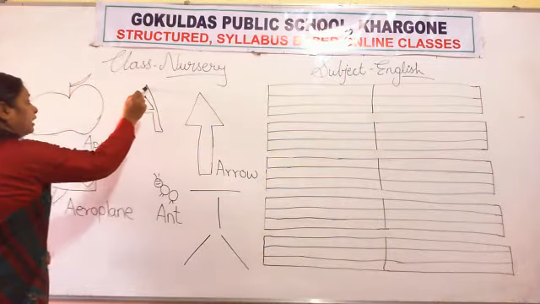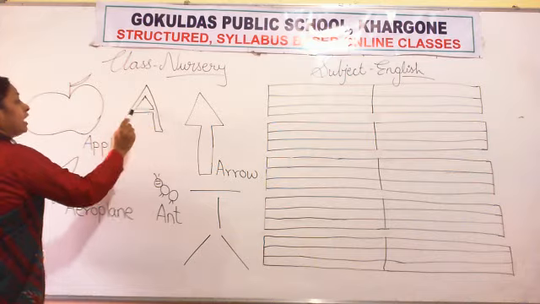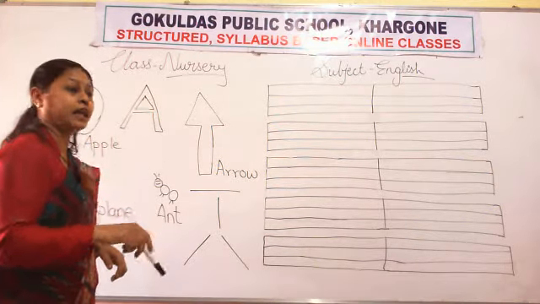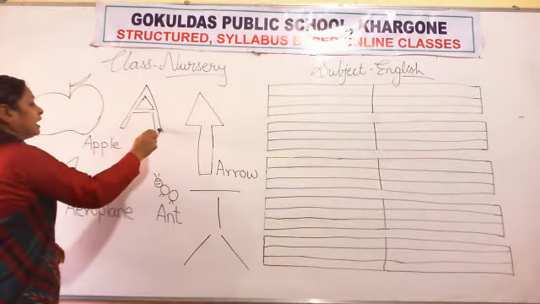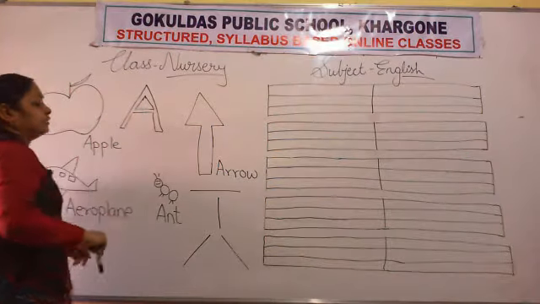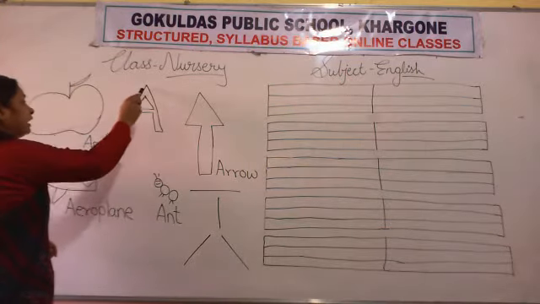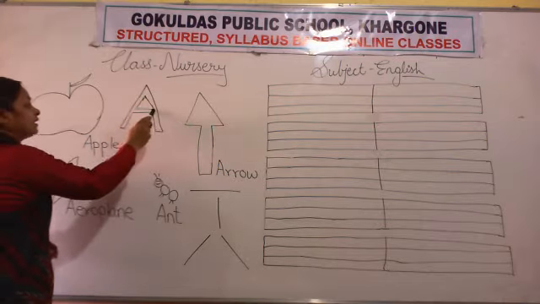Start to write slanting line, and then sleeping line. Which letter will form? Letter A.